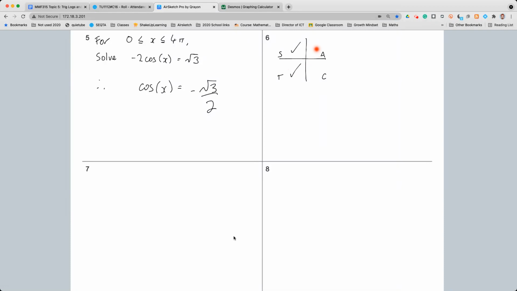But then I'm going to go round again from 2 pi to 4 pi. So I'm going to get a third and a fourth solution, 4 solutions all up. And when you've got something which goes beyond just your regular 0 to 2 pi, my recommendation is to draw a little axis for each cycle effectively.